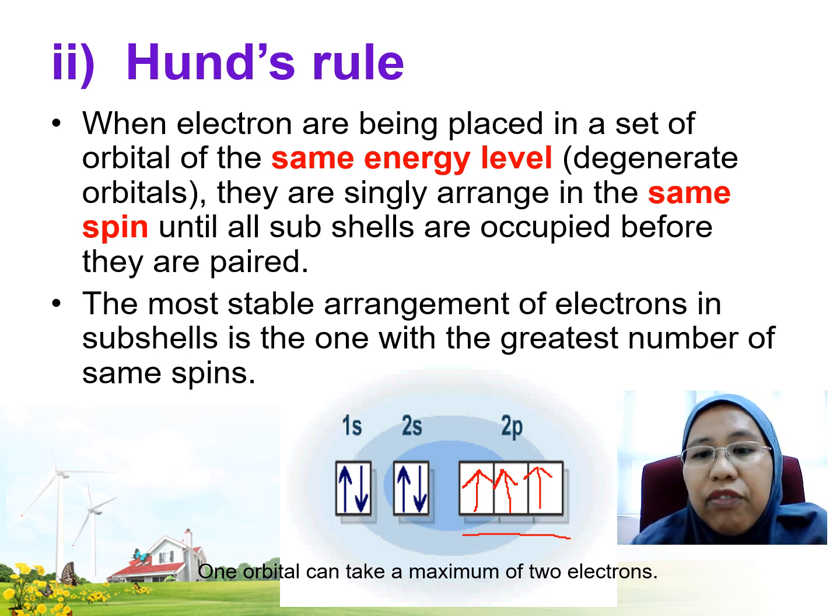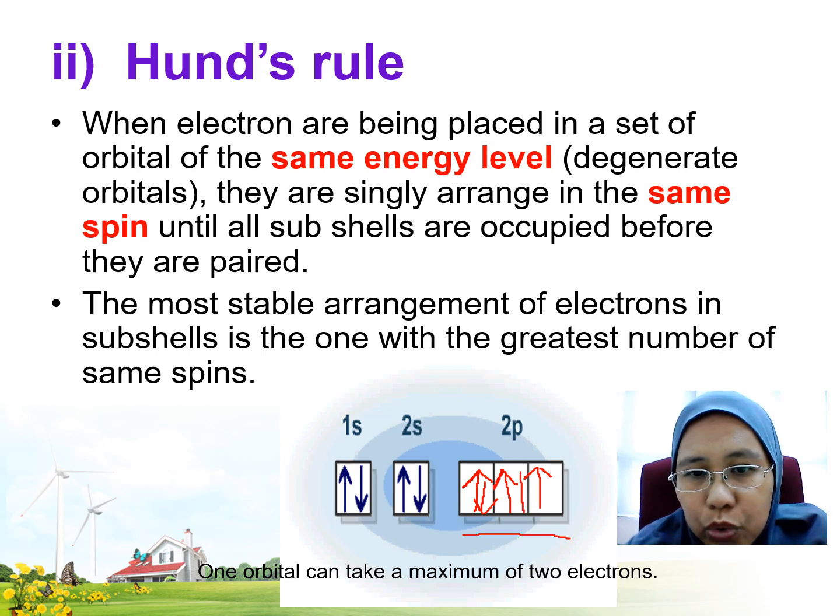So if we have enough electrons, we will pair them. The arrow will go downward, 1, and then 2, and then 3. This is how we fill in the orbitals with the same energy level.